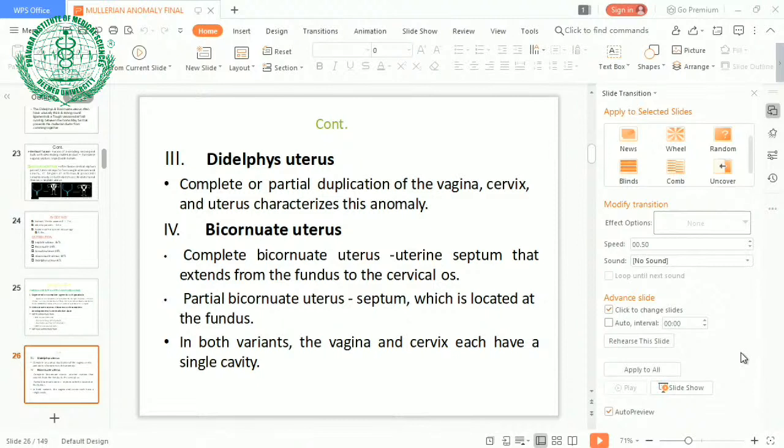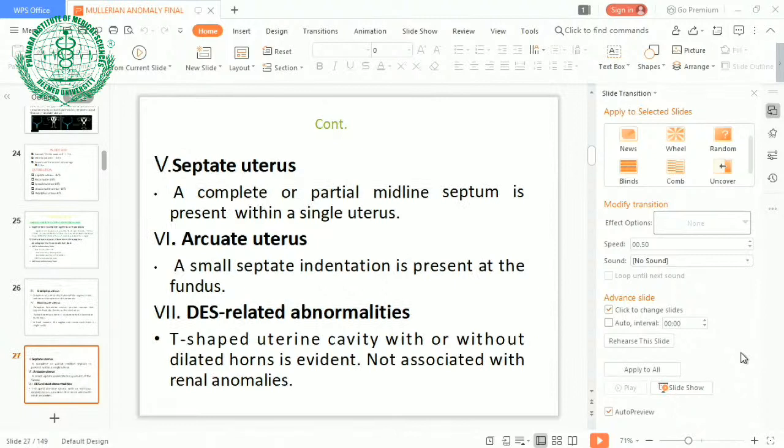Bicornuate uterus. Complete bicornuate uterus, where you have uterine septum that extends from the fundus to the external cervical os. Partial bicornuate uterus, septum which is located at the fundus. In both variants, the vagina and the cervix each have a single cavity. Class 5 is septate uterus.